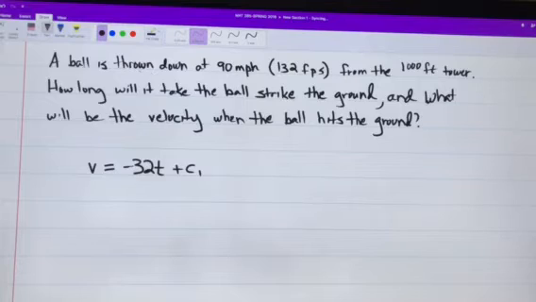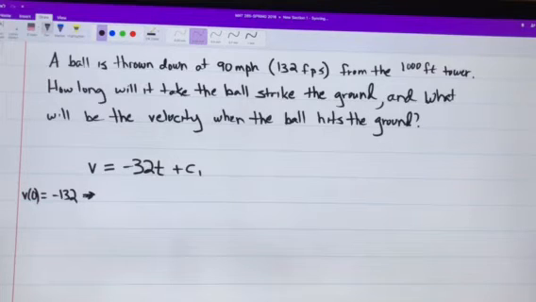Now, initially a ball is thrown downward at 90 miles per hour, but in feet per second, so for the initial velocity we put minus 132.